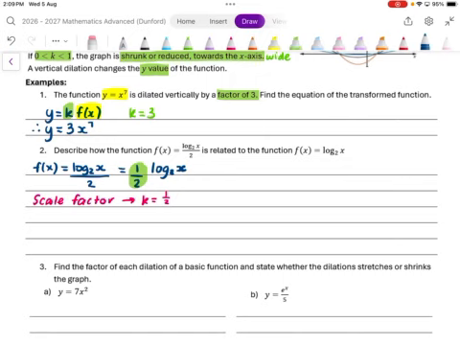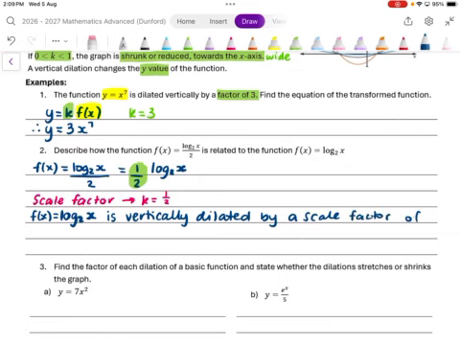To explain this, we say that f of x equals log base 2 of x is vertically dilated by a scale factor of a half to get f of x equals log base 2 of x divided by 2.